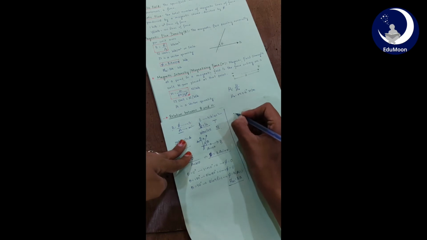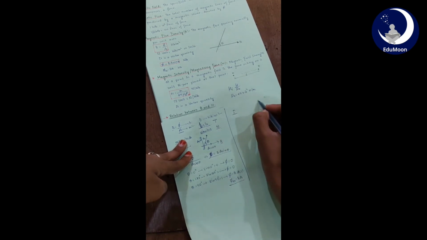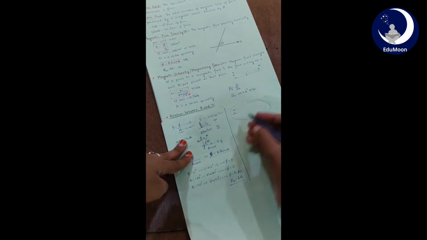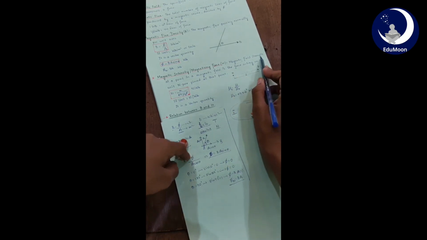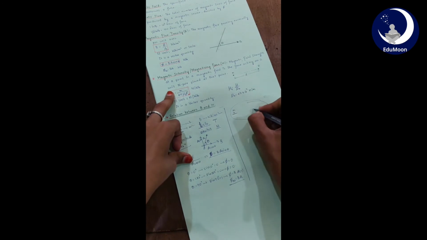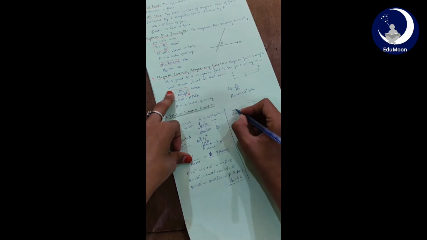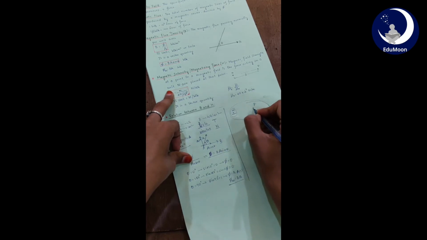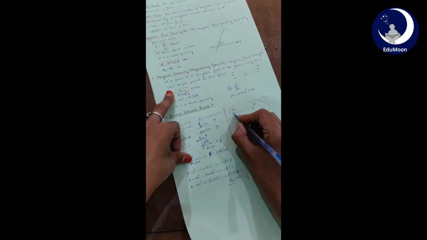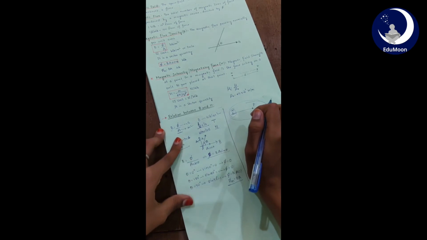So consider a magnetic pole M in a magnetic field. The magnetic field strength at a point in a magnetic field is the force acting on a unit north pole placed at that point. Okay. So we'll see how it works.